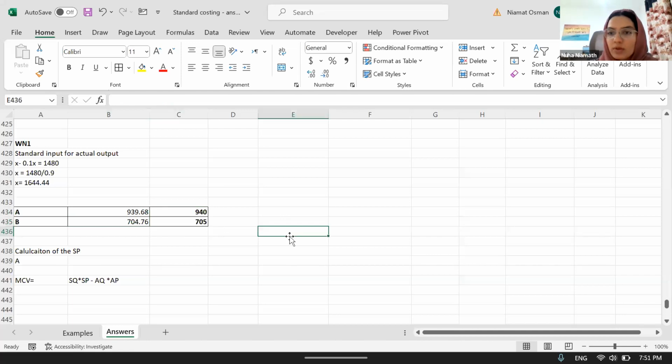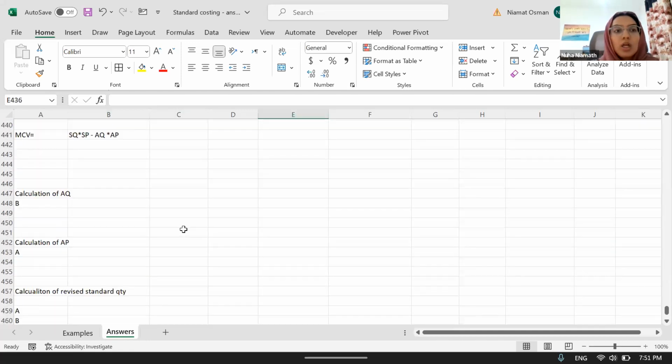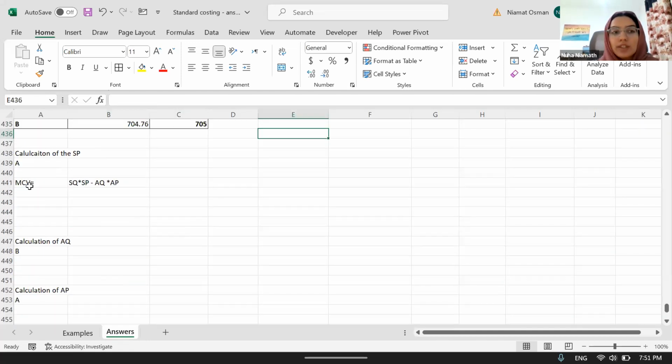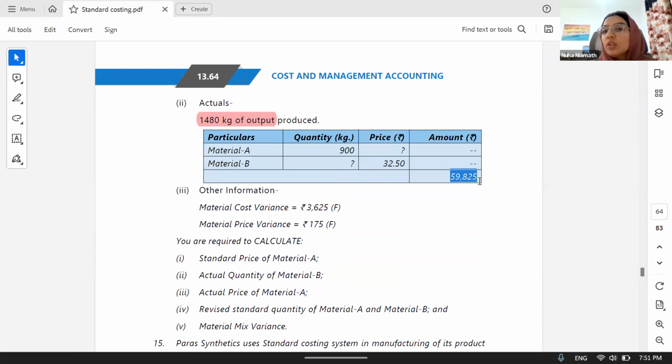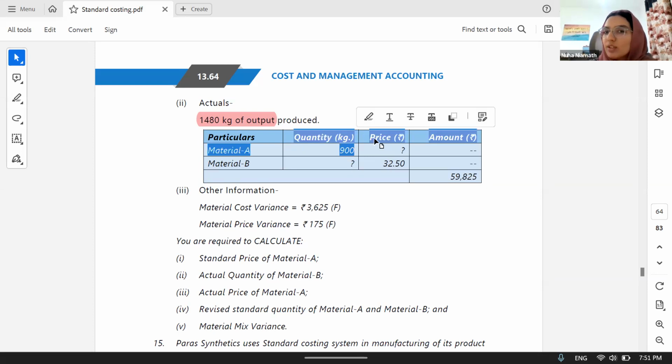Clear? Okay. Now, material cost variance is SQ into SP minus AQ into AP. Now, one thing to note is they have given us the total material cost. So this is what AQ into AP, actual quantity into actual price, isn't it? This is our AQ, this is our AP because this is our actuals.